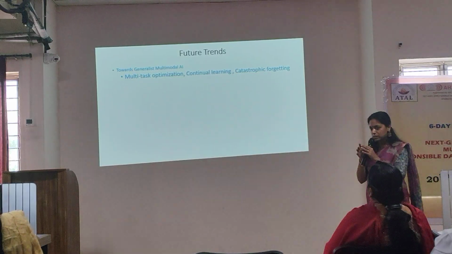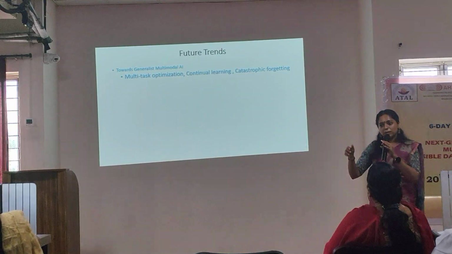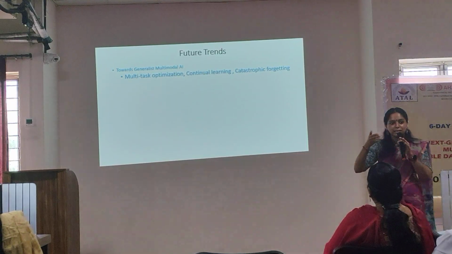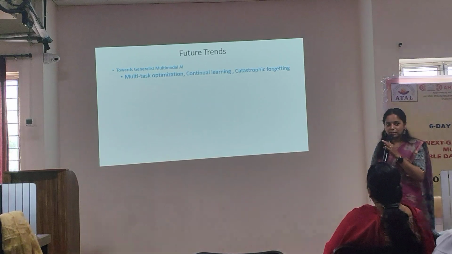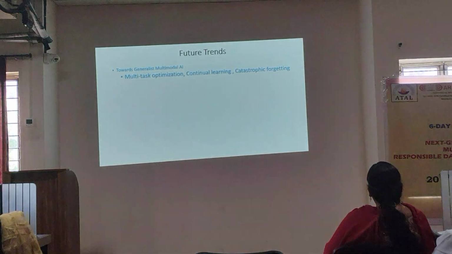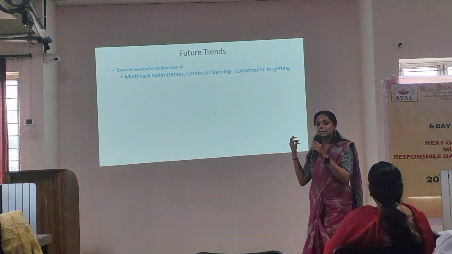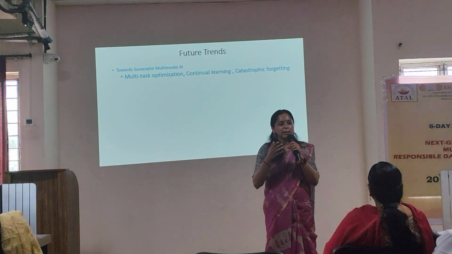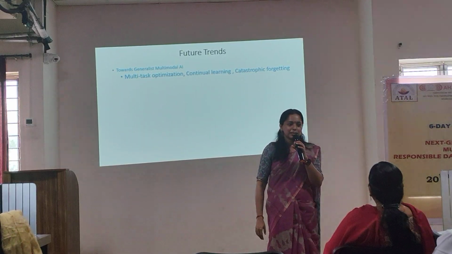That is one approach. What is happening as part of ChatGPT? What they are doing is this research. ChatGPT 3, now 4, now coming 5, right? Such a result requires multitask optimization and handling catastrophic forgetting when you are giving a new task. Catastrophic forgetting is when the weights get overwritten so that the system forgets the previous task.